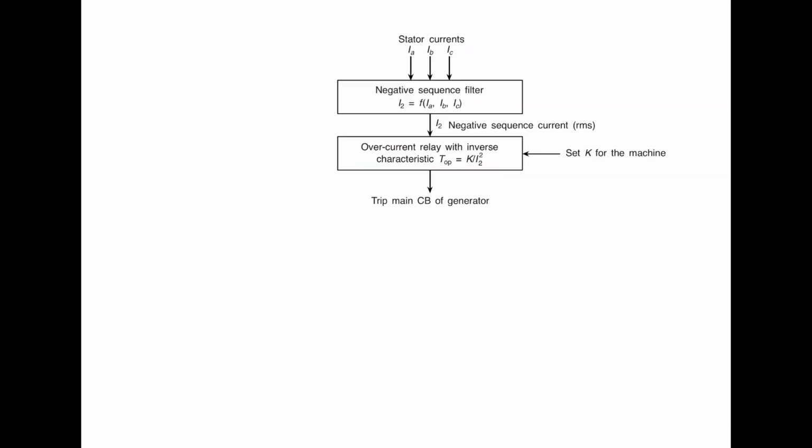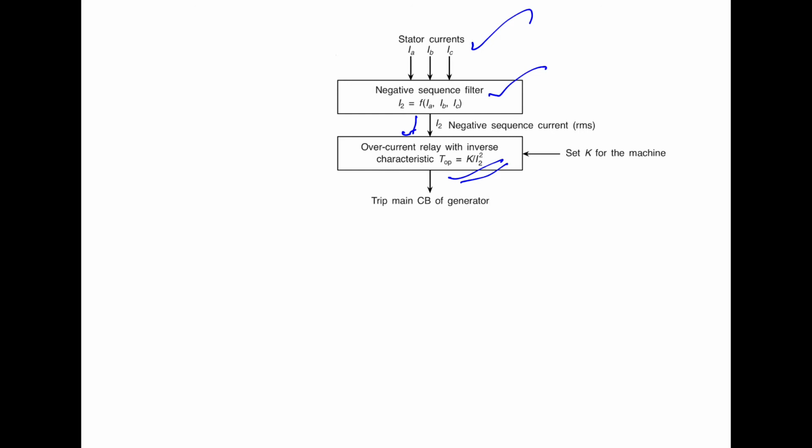In this protection, we take the stator currents and find out the negative sequence using a negative sequence filter, and since the characteristic of this relay is extremely inverse, it will give protection against the unbalanced loading of the generator.